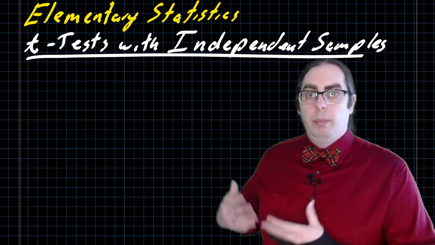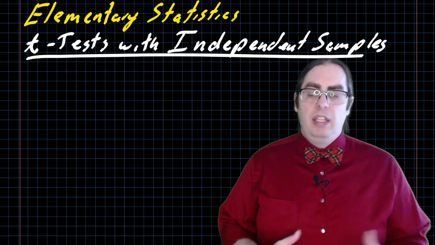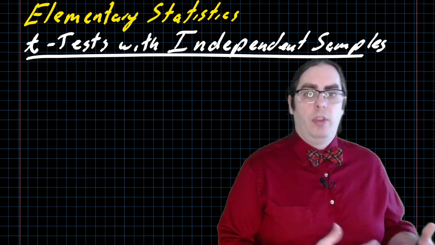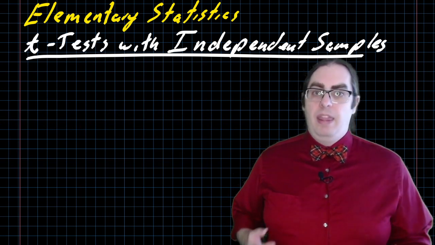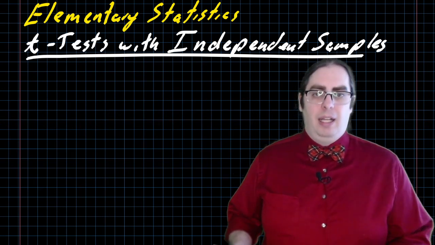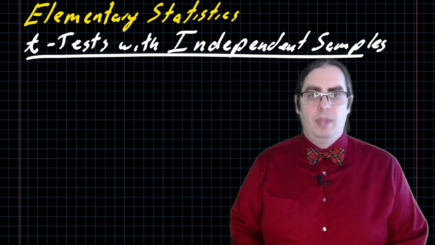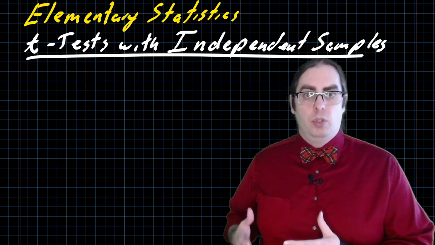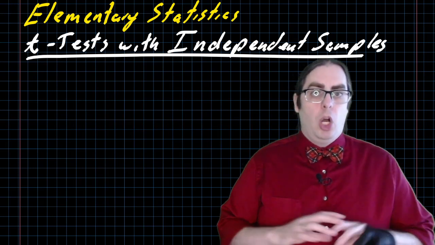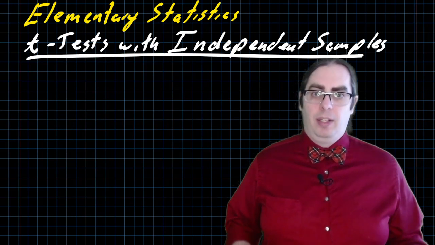The control group will be given whatever the standard treatment is. The experimental group will be given whatever the new treatment is that we are trying to analyze. Then we will analyze that data on both of those groups and we'll compare them. That's known as independent sampling. The control group and the experimental group are different samples treated differently and compared at the end.